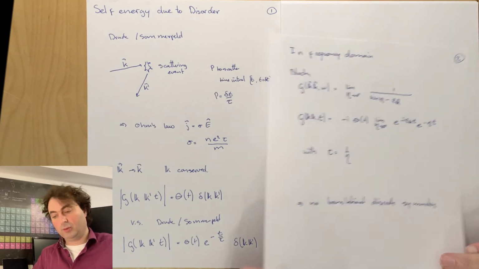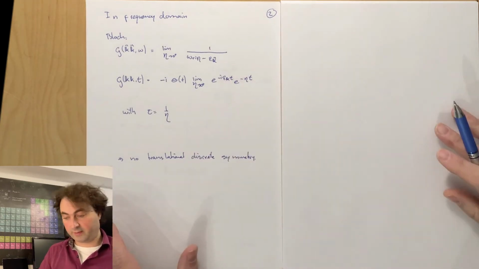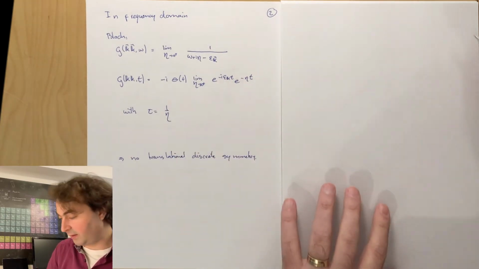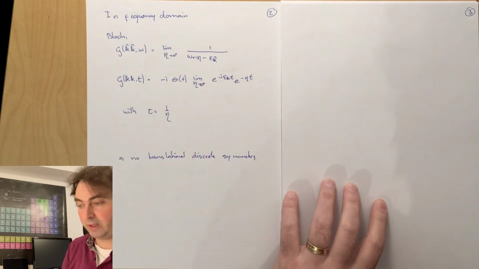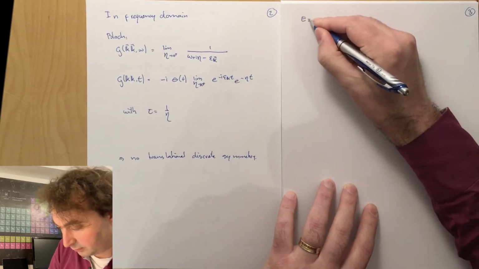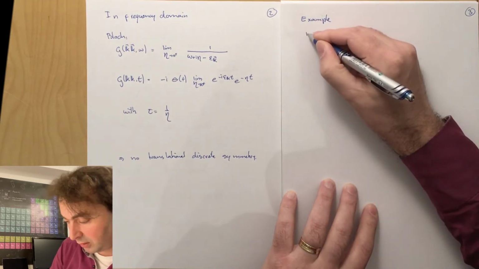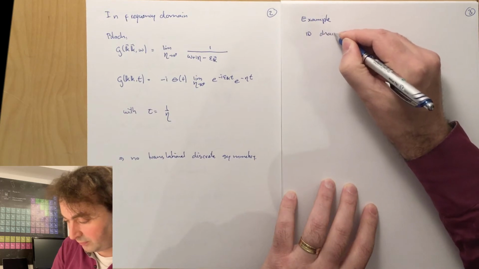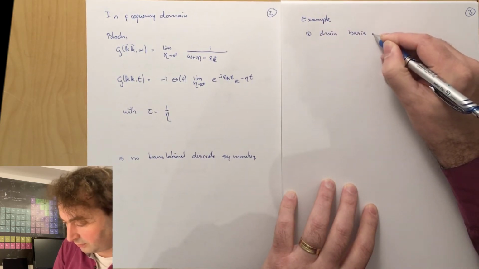Now, in order to show you how this works and how disorder gives you a finite tau, I will have a look at an example. And we take an example of a one-dimensional chain with a basis of a single s orbital.